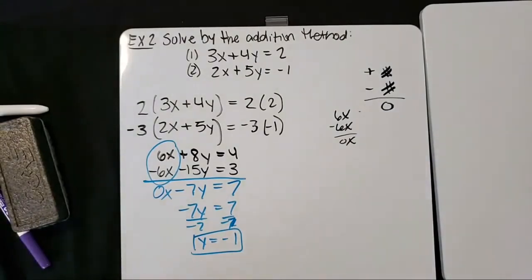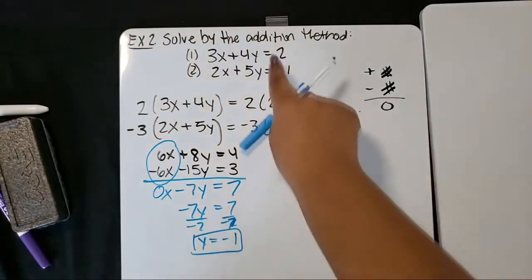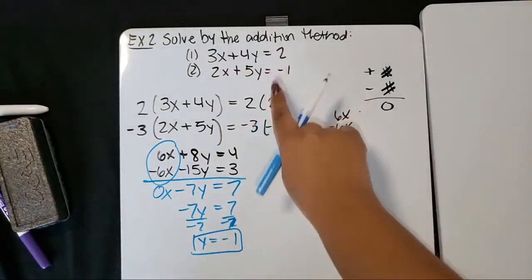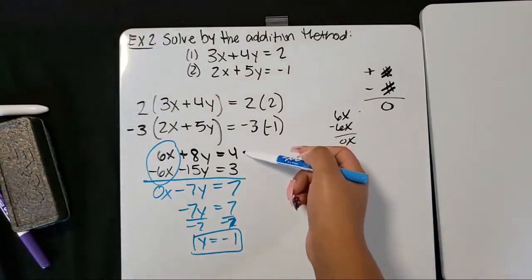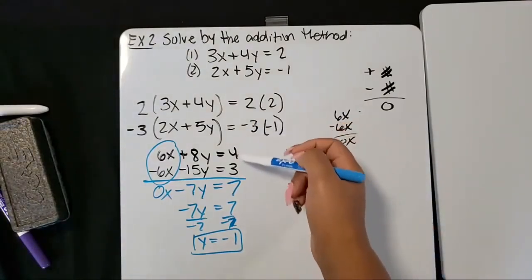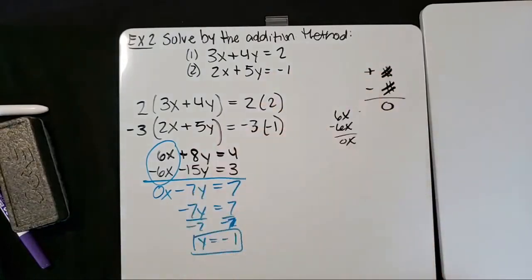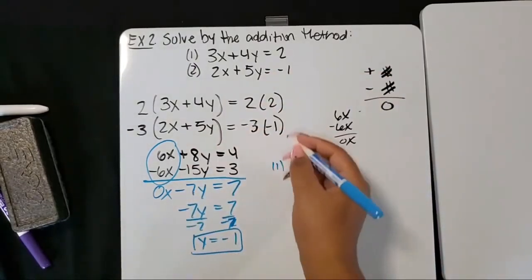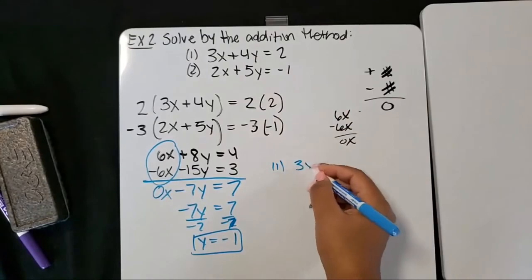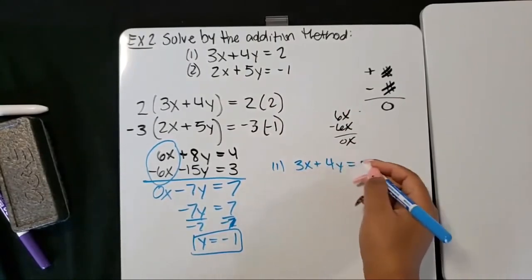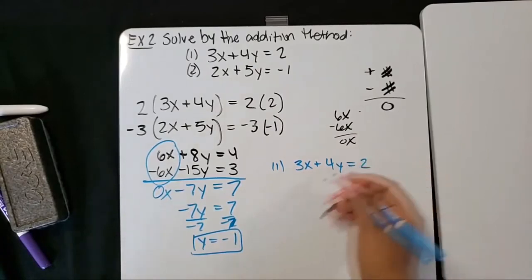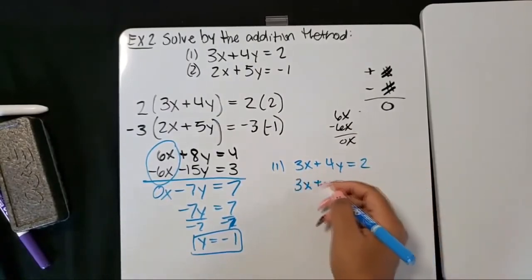Now, once we have the y equals negative 1, we can plug it into one of our original equations. So don't plug it into one of the equations that we changed. Plug it into one of the originals. So I'm just going to take the first original and I'm going to plug the y in.